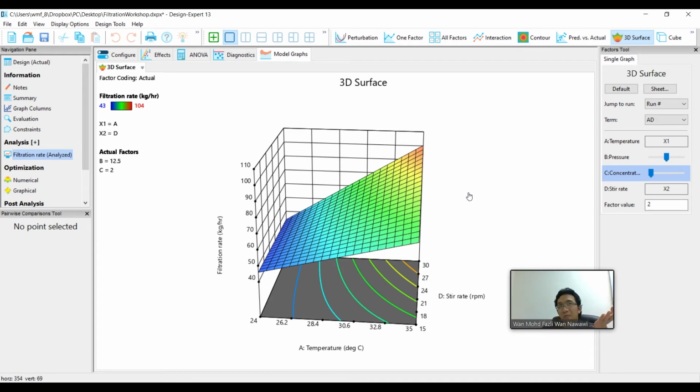But it's no problem. It doesn't mean that this graph is wrong. It depends on what you want to get. Here in the experiment, you want to find the interaction and find whether it can give an even higher value or not. So it's fine. Don't always think that DOE must have a graph like the mountain like that.